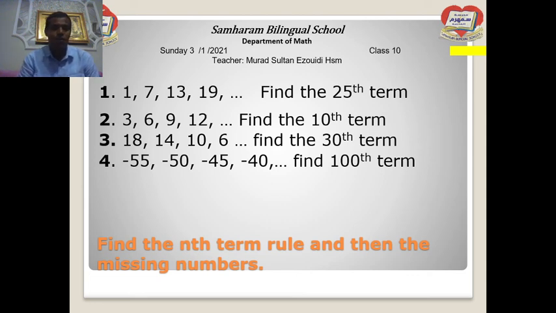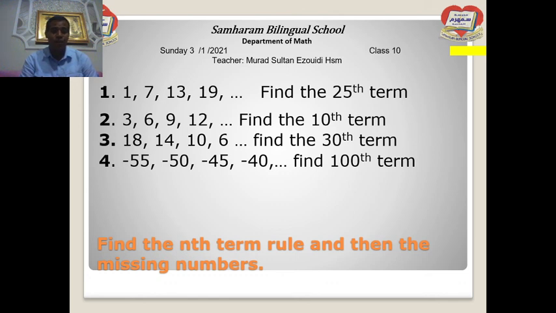Then if you'd like to find the 25th term, just plug into your nth term expression n equals 25. Then for the second one we have 3, 6, 9, 12. You can see that your arithmetic sequence is starting at 3 and keeps going on and on.